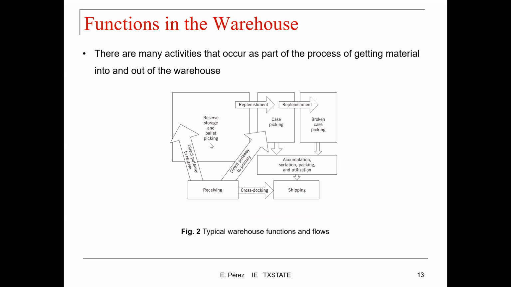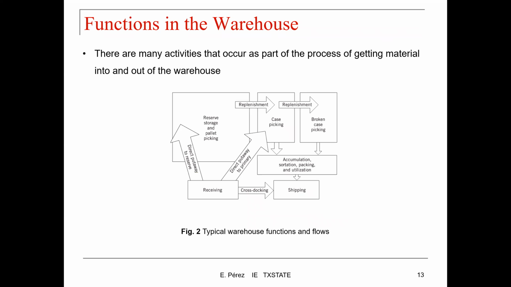Reserve storage and pallet picking, and direct put away to primary, in which you're probably going to move items faster. So case picking is going to occur in this area. If you need replenishment, then you have to pull from this area. This is the area where most of the items are going to be.